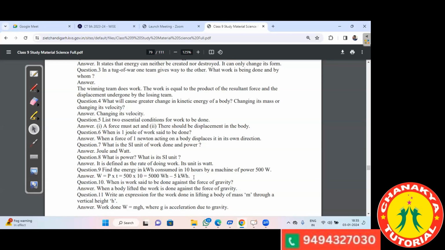So how many watt are given? It's 500 watt. So convert this 500 watt to kilowatt.